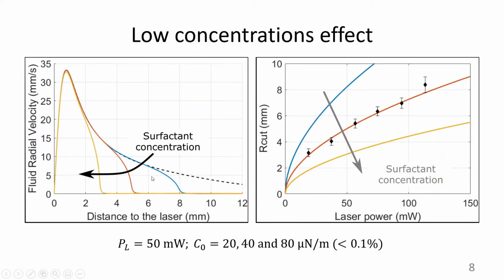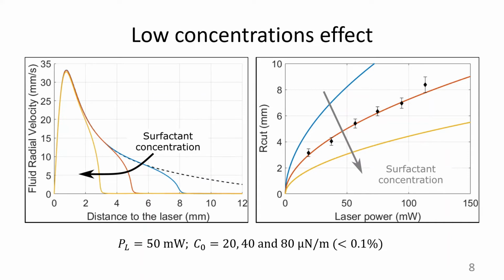The effect of surfactant, therefore, for low concentrations of surfactants is to decrease the range of the effect and not so much the maximum velocity, as shown here to the left. And these are also numerical simulations, where the initial surfactant concentration had an effect on the surface tension of reducing the surface tension up to 80 micronewton per meter.